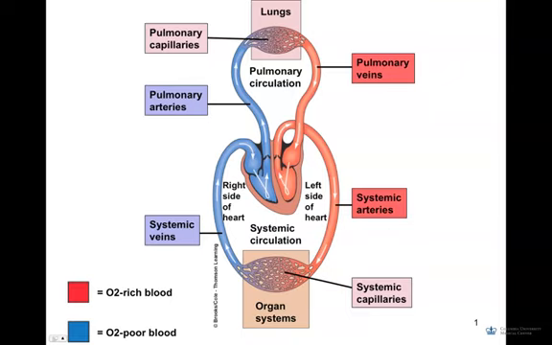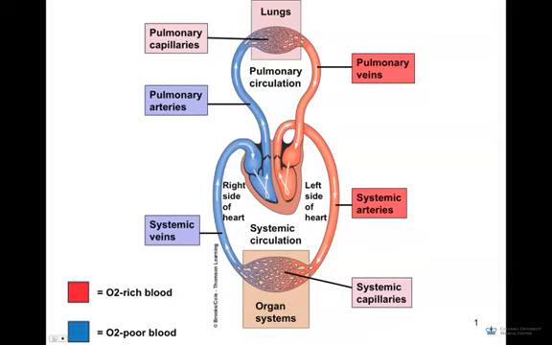In general, just as an overview, in the cardiovascular system, if we start in systemic circulation, relatively deoxygenated blood is returned to the heart, to the right side of the heart, from systemic veins. The blood enters the right side of the heart.